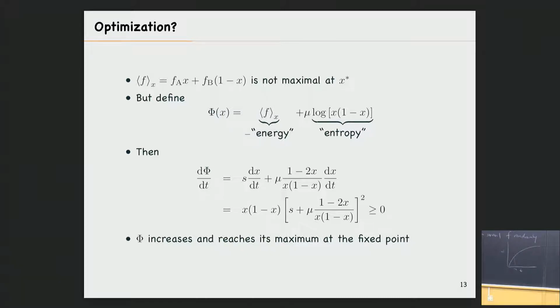So this looks like a minus energy, and this looks like an entropy. Then you can simply write down the time derivative of this quantity, and with one line of algebra, you find that this derivative is always positive unless you are at the fixed point, whichever fixed point it is. In fact, when x is equal to x star, this thing becomes 0. So the fact that this is always positive tells you that it is optimal at the steady state.